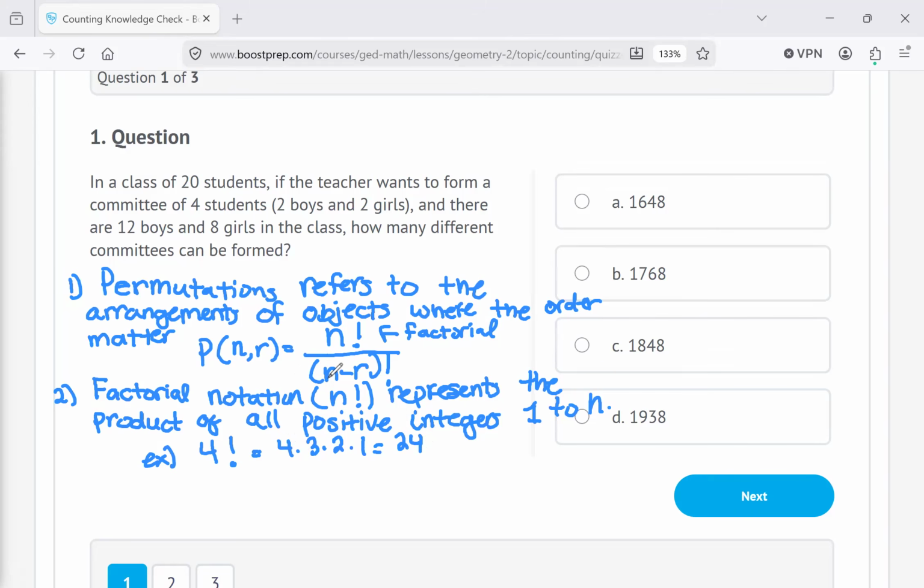The next one refers to combination. Combination refers to the selection of objects where the order does not matter.